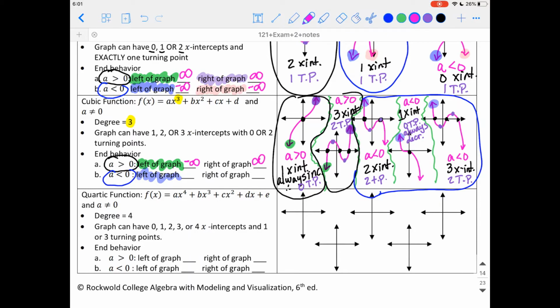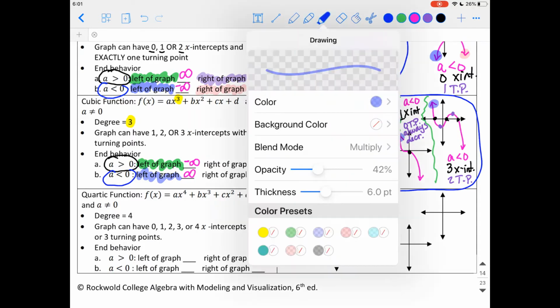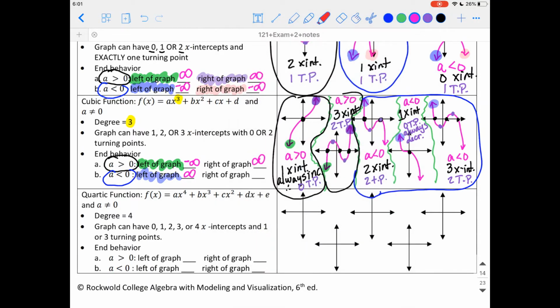They're headed forever up. So forever up is going to be infinity. And the right of the graph, which is this arrow or this arrow or this arrow, are always headed forever down, which is going to be negative infinity. And I forgot to color this one for the right of the graph.